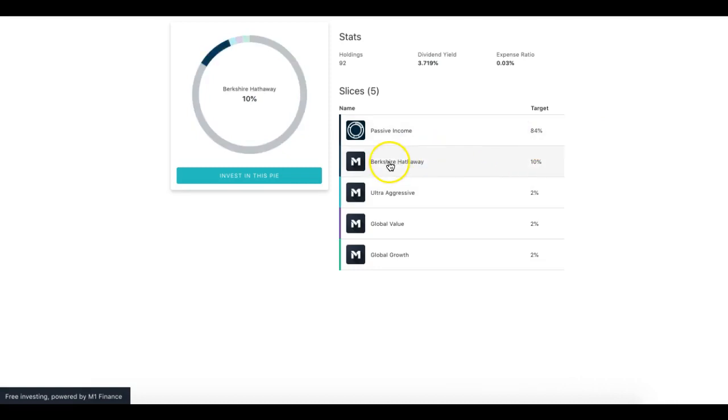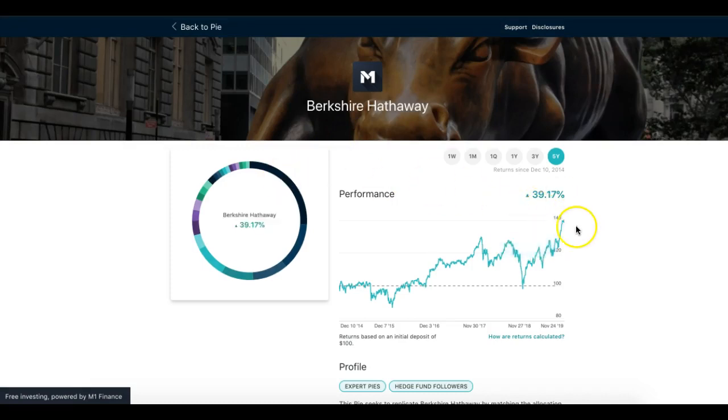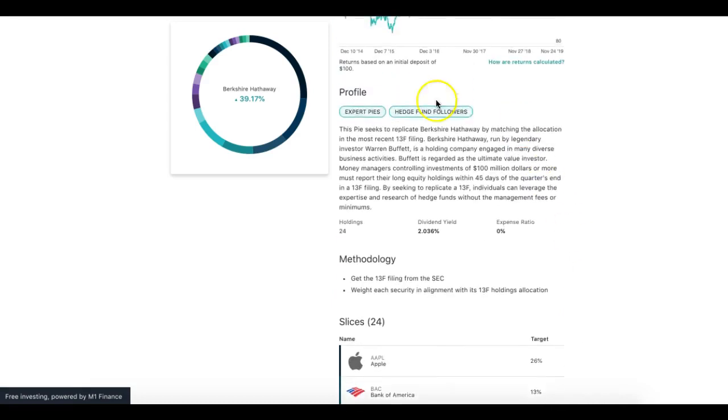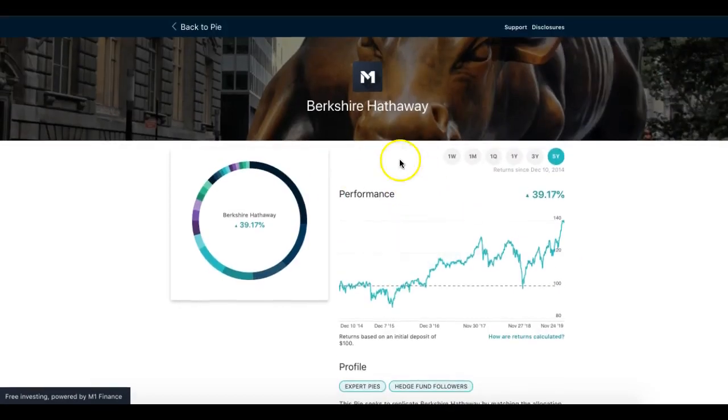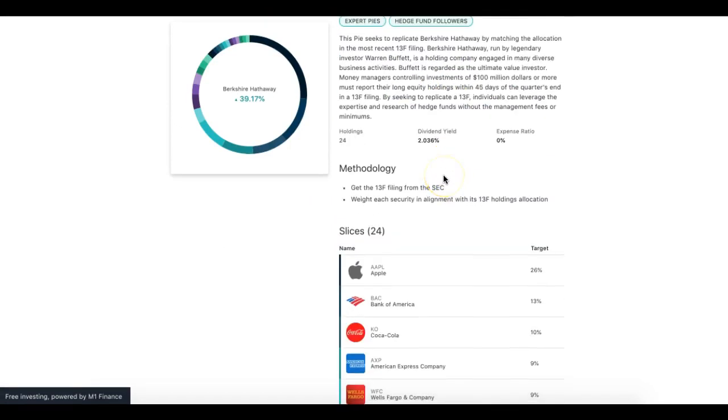And then the other one that I have here is Warren Buffett. Everybody knows Warren Buffett, and I follow his investment strategy by following a mock portfolio of his investments.